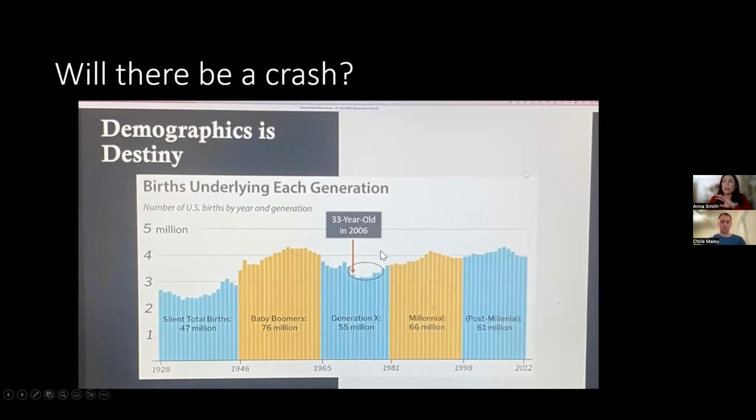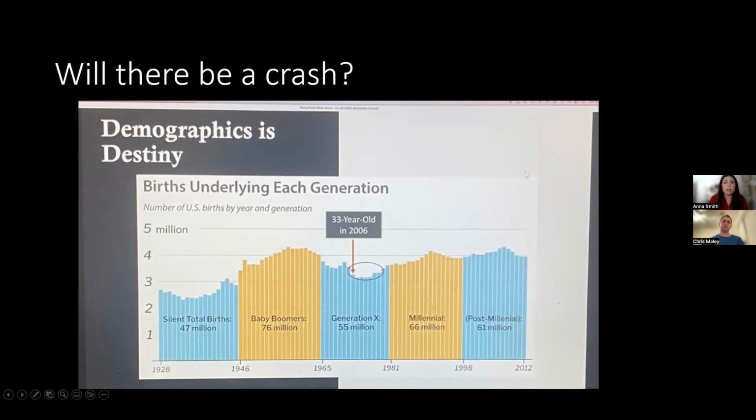It's showing you in 2006 when the crash happened, your first-time home buyers, the 33-ish-year-old people, you can see how much smaller the population was at that time. So not only did the whole financial crisis happen, there was a smaller number of people buying homes. I can go into why that is, but that's for another time.